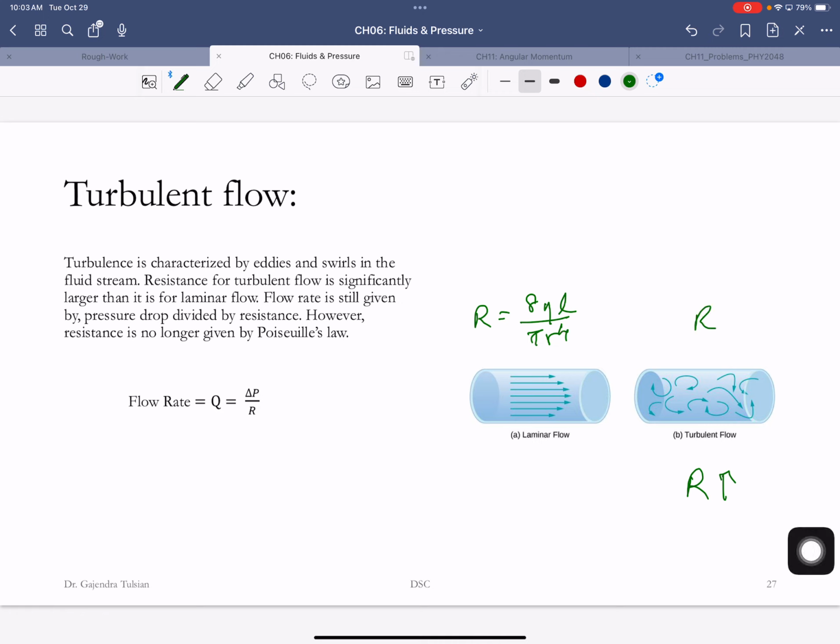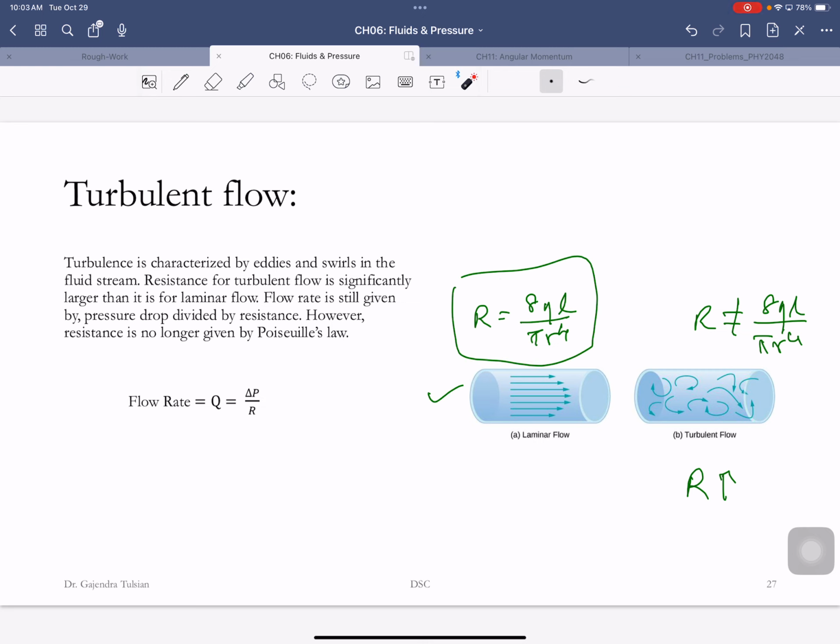The resistance is greater than that. So this is Poiseuille's law, and this works only for laminar flow. Anyway, all we want to remember is when you have turbulent flow, resistance increases and the flow rate decreases. You would have to increase the pressure to maintain flow rate.